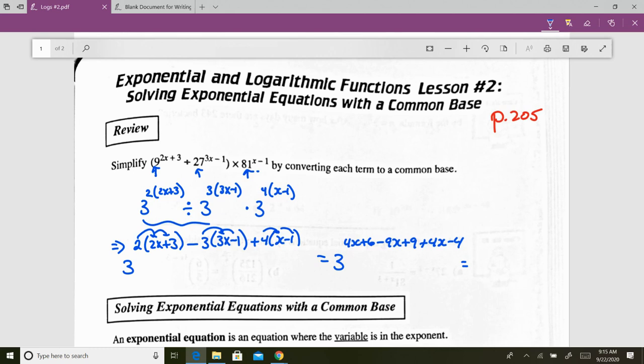Yeah, why did I write plus 9? It's a good question. Or plus 3, there you go, thank you. 3 times 1 is 3, not 9.